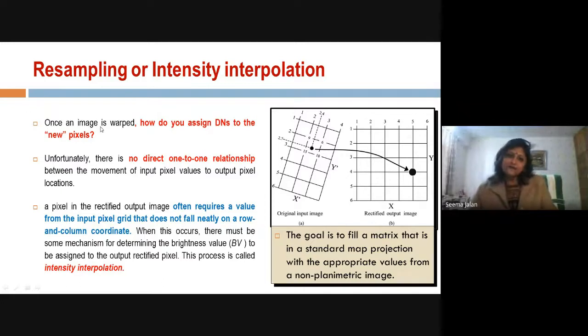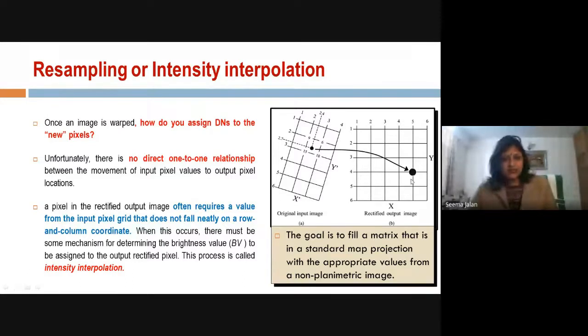So once the image is warped, once your output grid is ready according to a coordinate system, how do you assign DNs to the new pixel locations? Unfortunately, there is no one-to-one relationship between the movement of input pixel to output pixel value. You try to work out a value from the input pixel grid which has to be shifted to this output location.